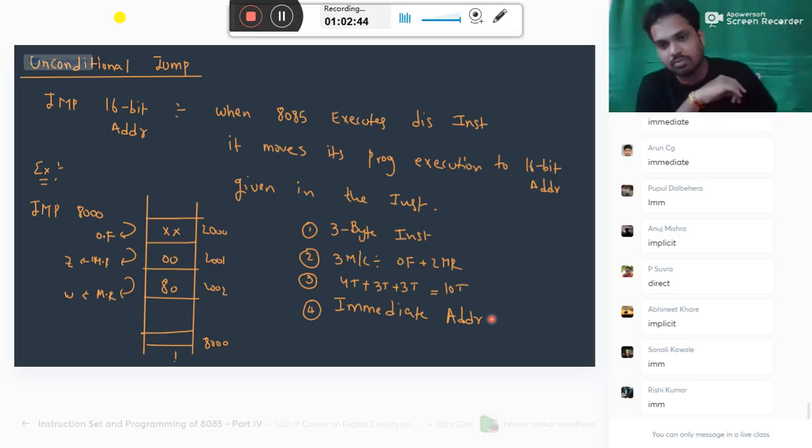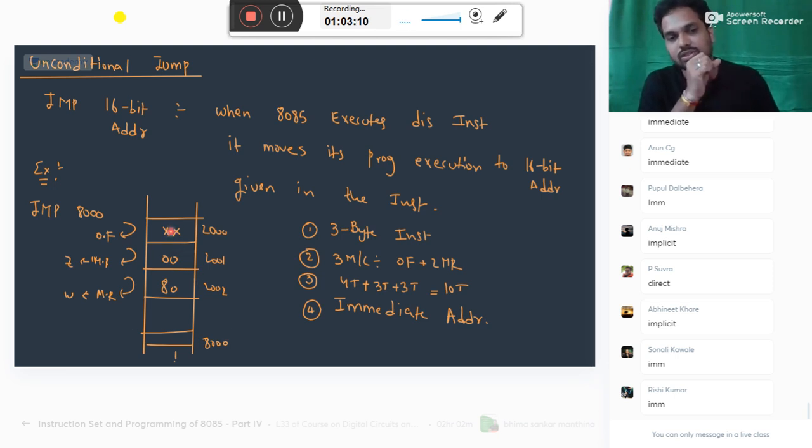Here the operand is not at that address; we are directly going to that address. So the number is immediately available, the registers are loaded with it, and we go there. So it is immediate addressing mode, not direct addressing mode. You are not going to that address to read any data. Here you start execution of the next instruction.